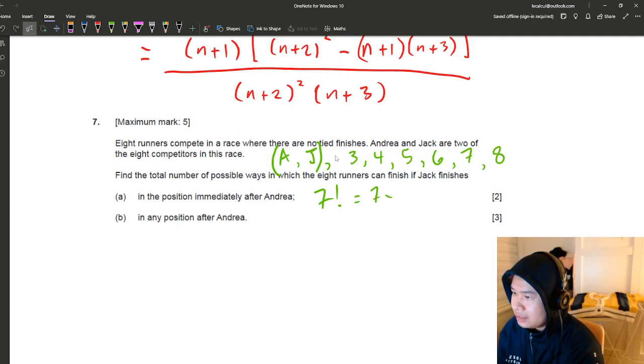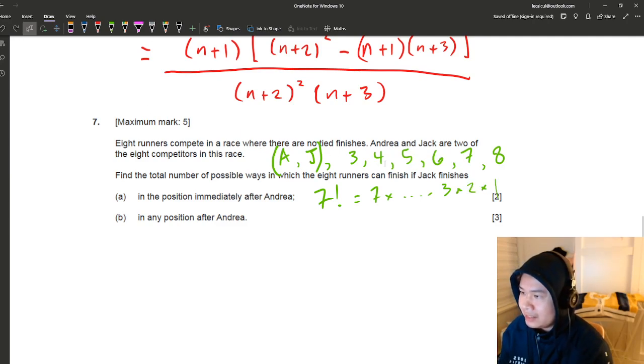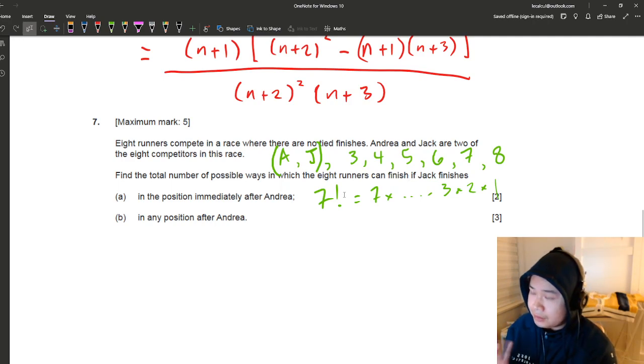So 7 times 6 and so on, times 3 times 2 times 1. Again, you're arranging 7 things. These 6 people plus the group. And then it says that Jack is always after Andrea, so this is a pretty typical question where you want to group things together, except normally they might ask you that Jack and Andrea have to be together.